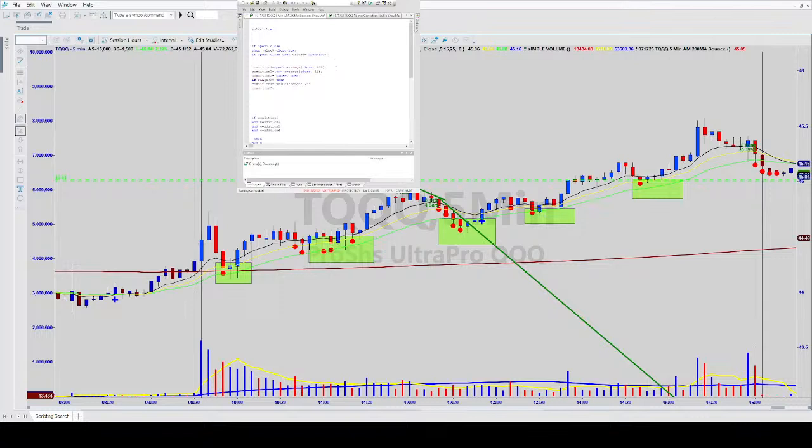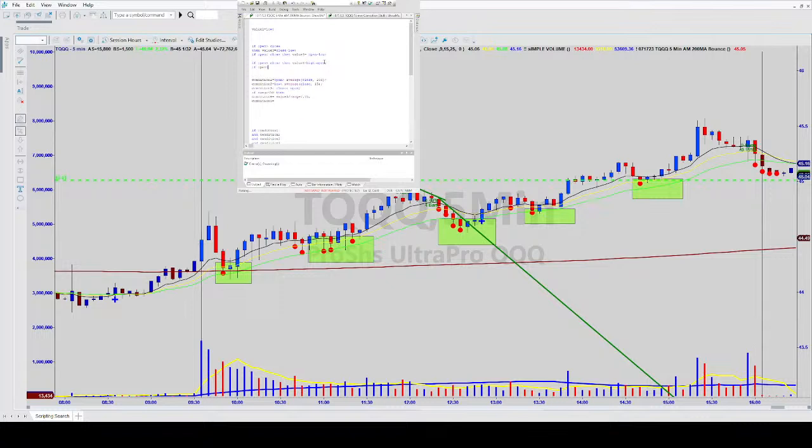Okay, so if open greater than close, then value 4. Do I have a value 4? No, don't have a value 4 yet. And value 4, if open is greater than close, equals high minus open.